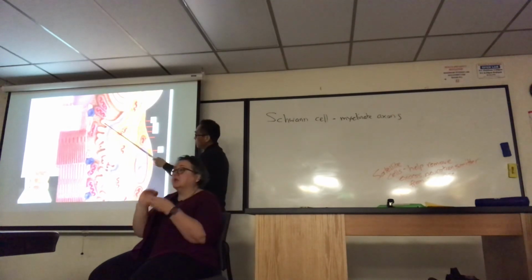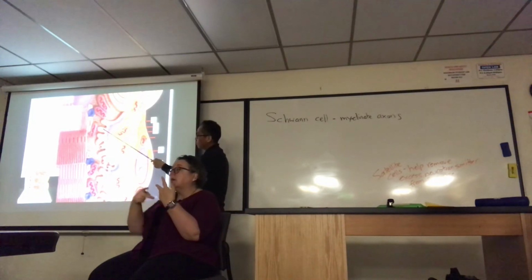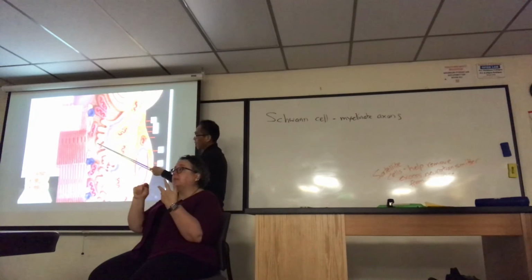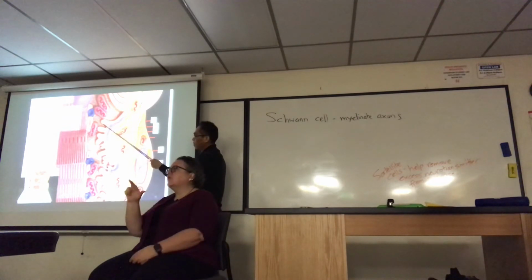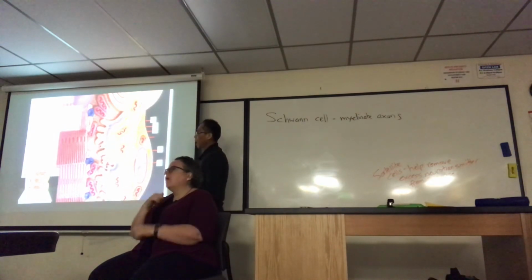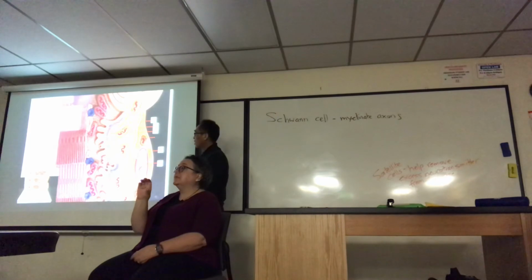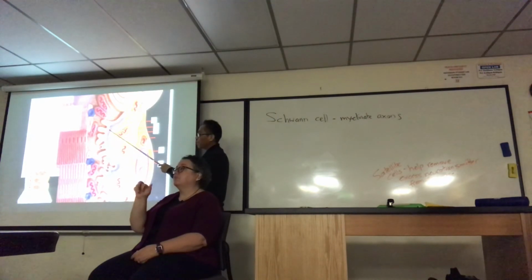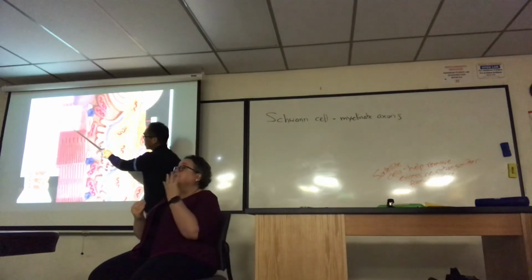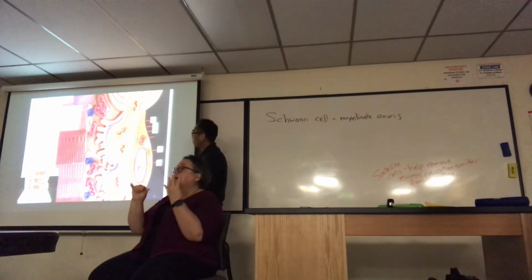Number 3 is pointing to the postsynaptic membrane, the sarcolemma. So you can call it either; if you call it sarcolemma, I wouldn't mark it wrong, that's correct. If you call it the postsynaptic membrane, I would accept that. Number 4 is the physical space. What do we call that?